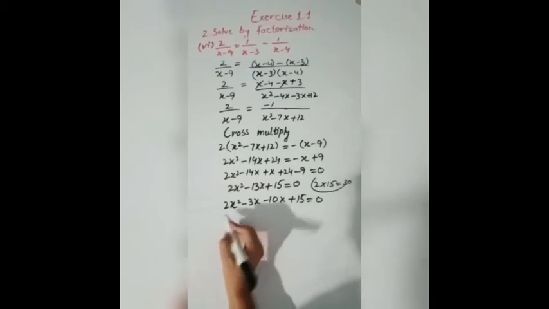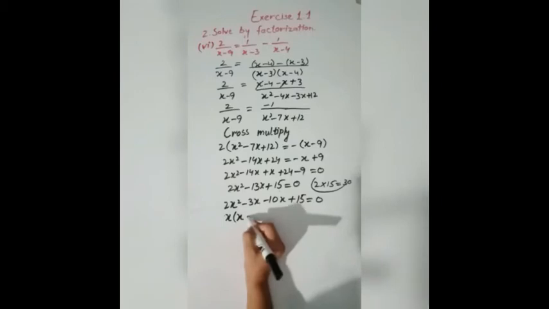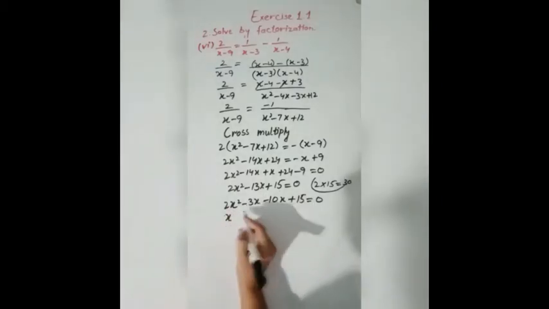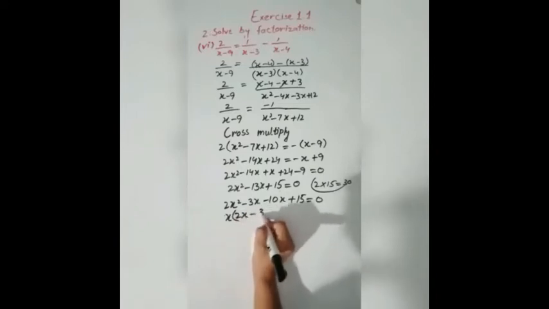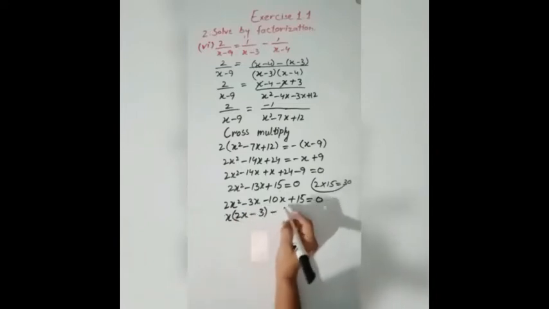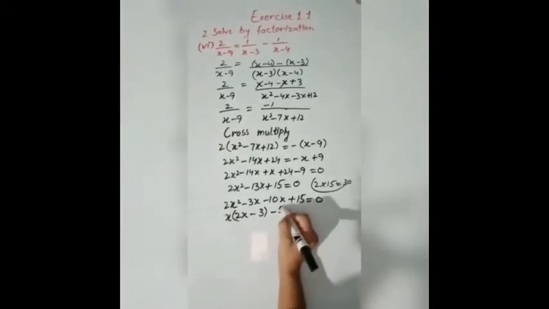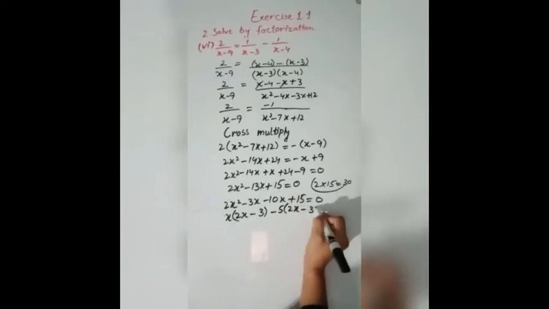So here x is common, so we take it. x times 2x minus 3, minus, here we take 5 as common. So here we get 2x minus 3. 5 3s are 15.